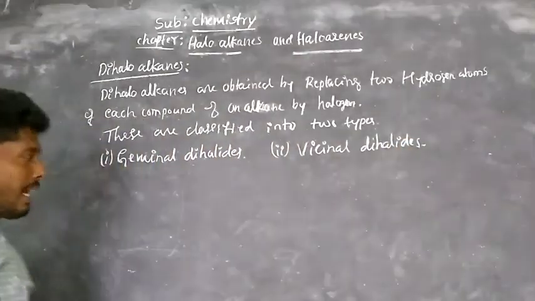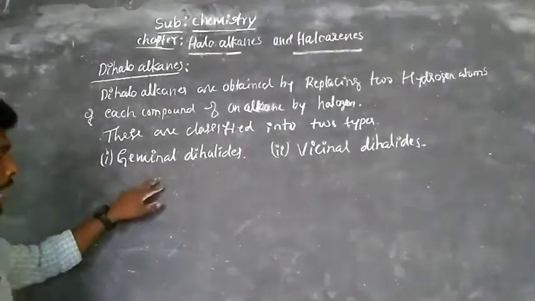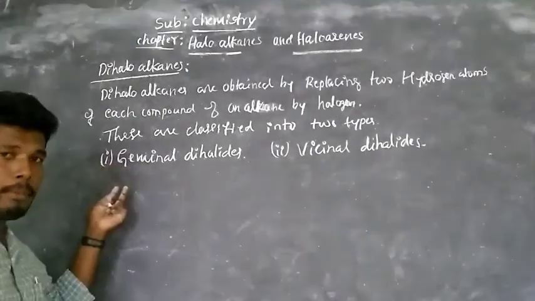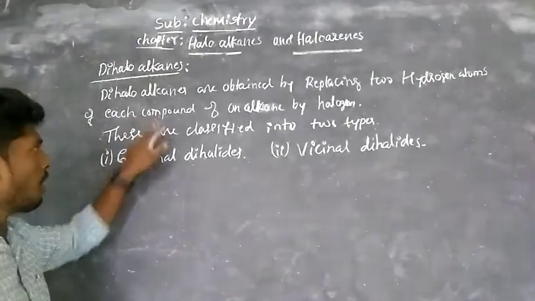Geminal dihalides are those in which the halogen atoms are attached to the same carbon atom of an alkane.